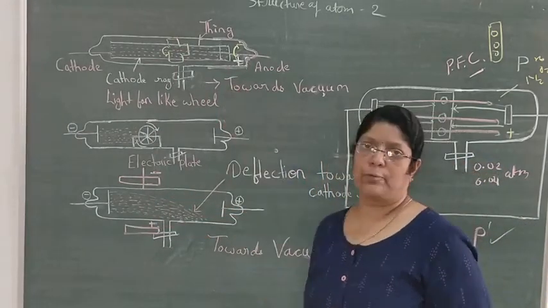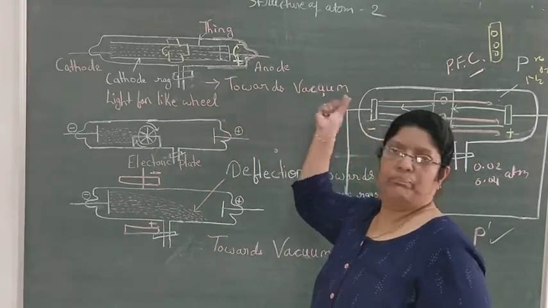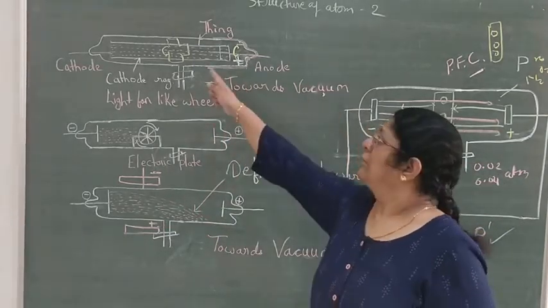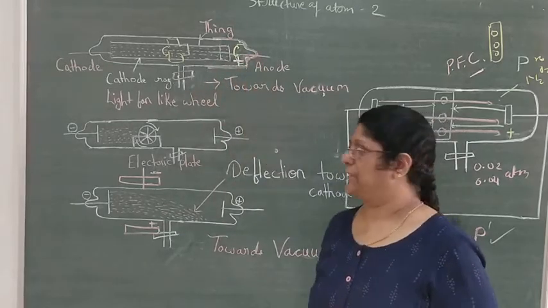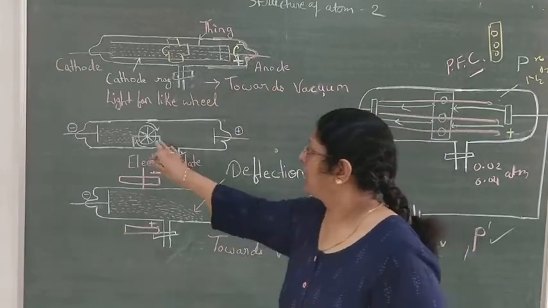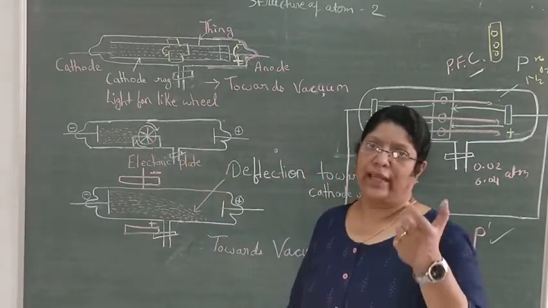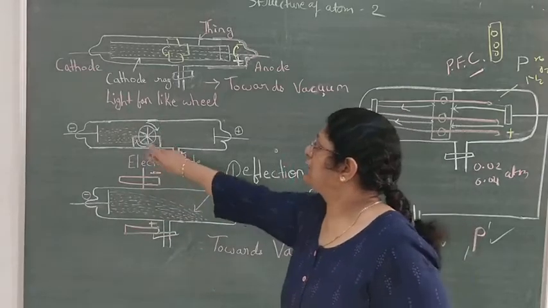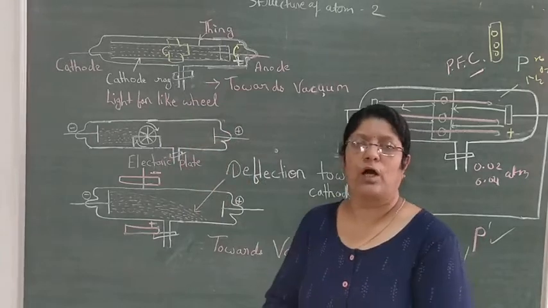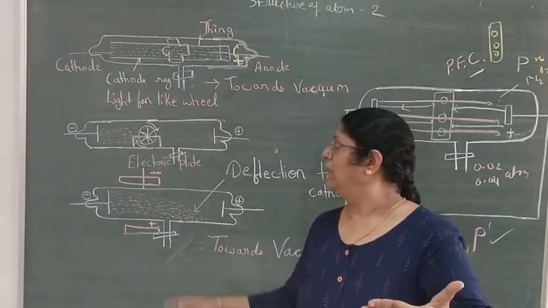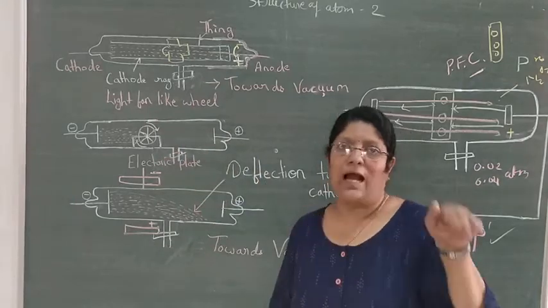The first property of cathode rays and anode rays: both are moving in a straight path because they are making a shadow image of any object. Second, if you put a paddle wheel in the path of cathode or anode rays, this paddle wheel will start moving.